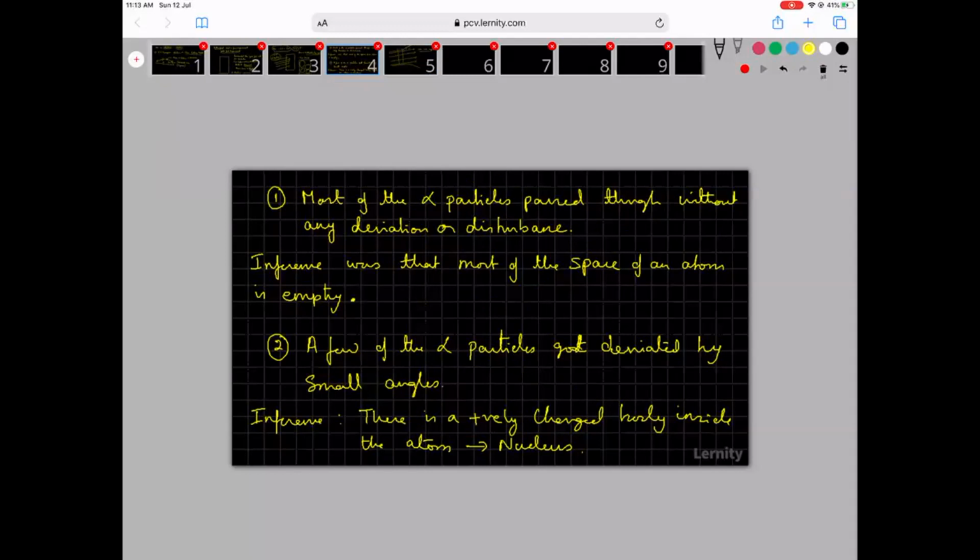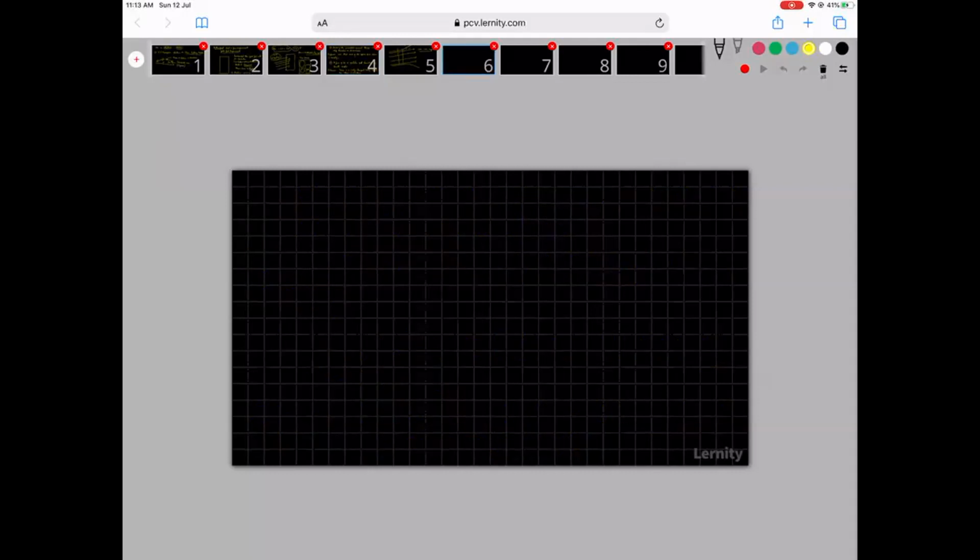The inference is that there is a positively charged body inside the atom, and this positively charged body inside the atom is called the nucleus.